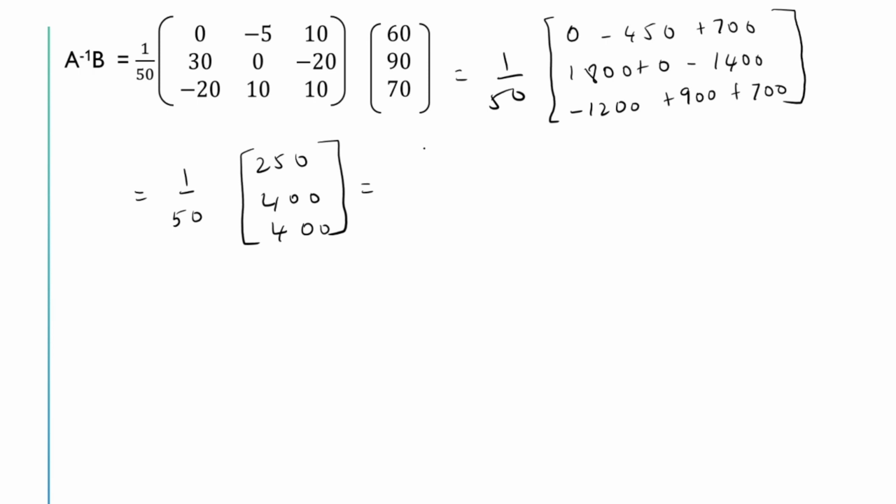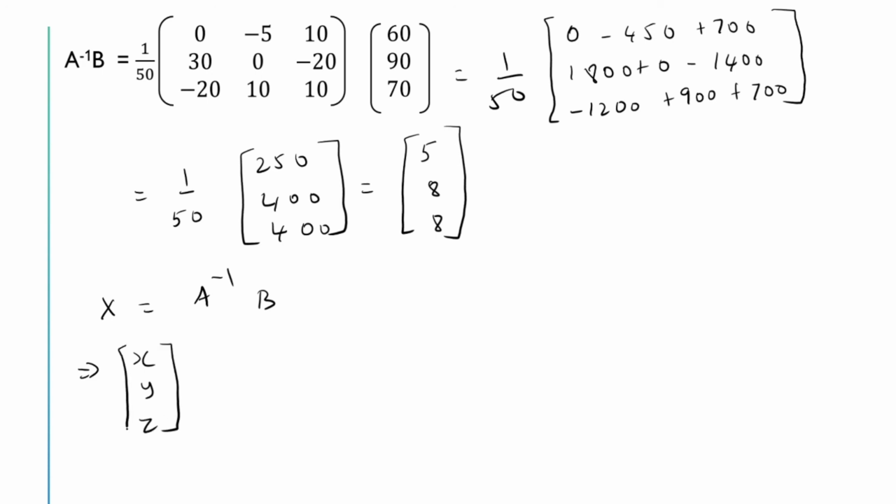So we get 5, 8, 8. So X is equal to A inverse into B implies the variables x, y, z is equal to 5, 8, 8.